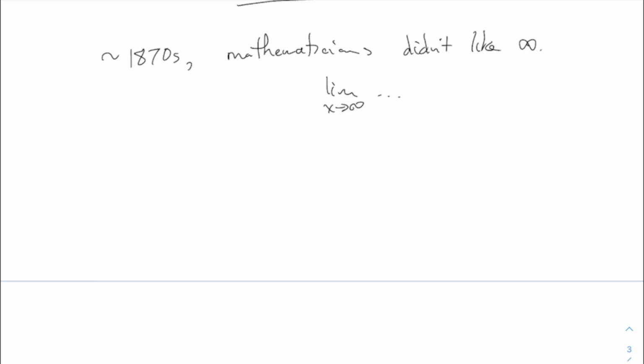It was just a shorthand for the purposes of writing this. But infinity as a concept by itself was not viewed as legal. So they would have said at the time, this is philosophy, or even worse, theology.